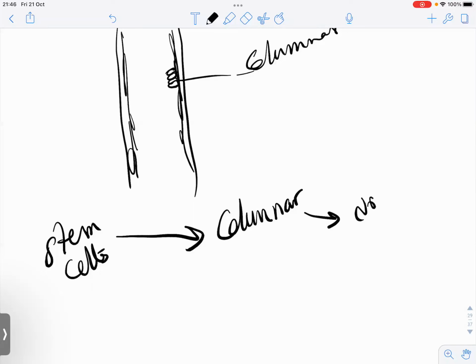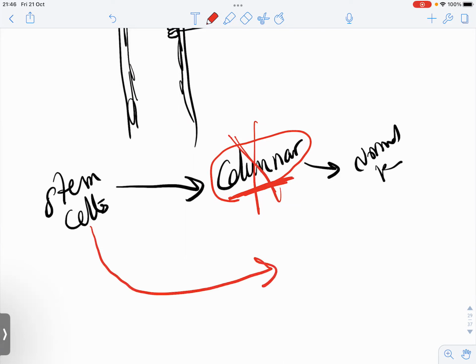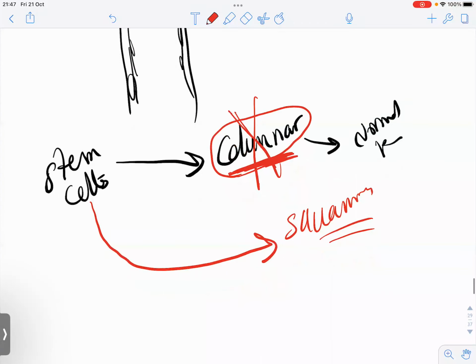This is in a normal person. But in smokers, the columnar epithelium will not transform into squamous itself. No. After some time, when this columnar epithelium which already formed dies off, the stem cells will not secrete columnar, they will secrete squamous. So metaplasia doesn't affect the existing epithelium. No, it affects the genes of the stem cell.